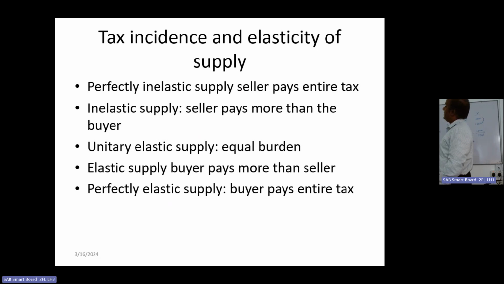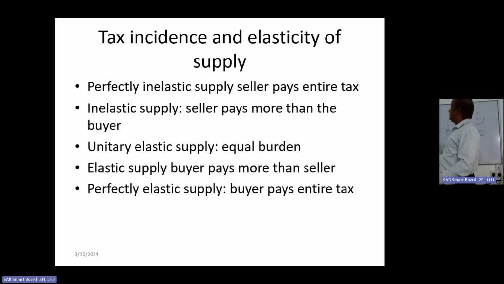If there is perfectly inelastic supply, the supplier pays the entire tax, because supply does not change. Inelastic supply means a steeper supply curve. If you draw the normal demand curve and see the equilibrium, in inelastic supply the seller pays more.